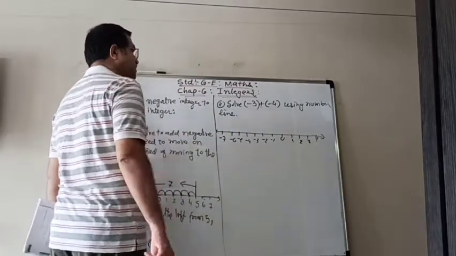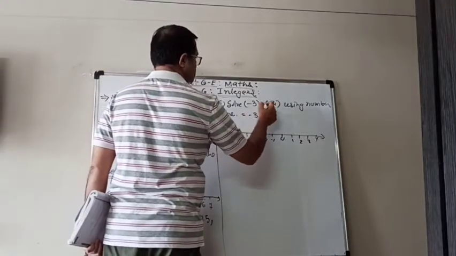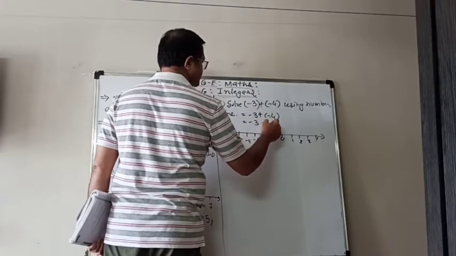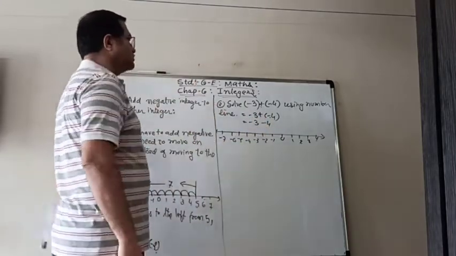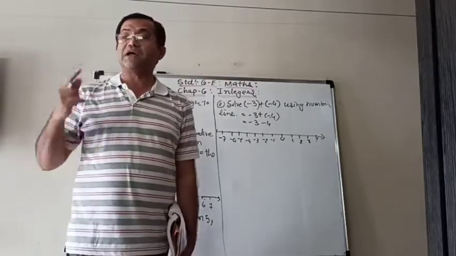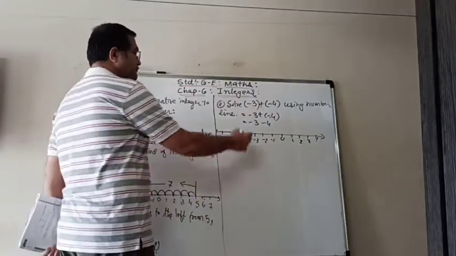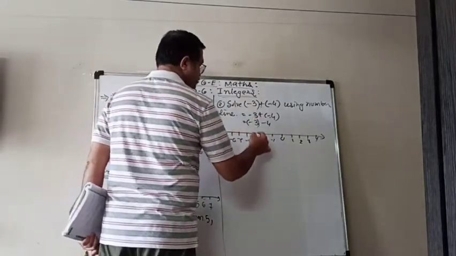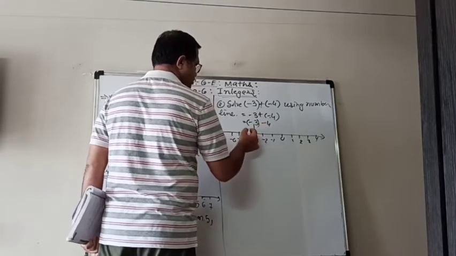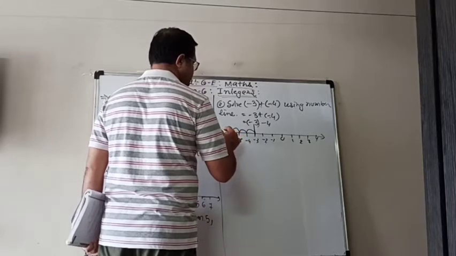Here you can see that two signs are together. So plus minus will be minus. So here also, in place of moving towards right, we have to move towards left, starting from minus 3. So we start from minus 3 here. 4 steps. So 1, 2, 3 and 4 steps.